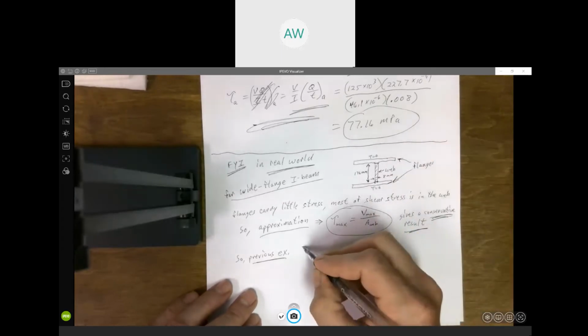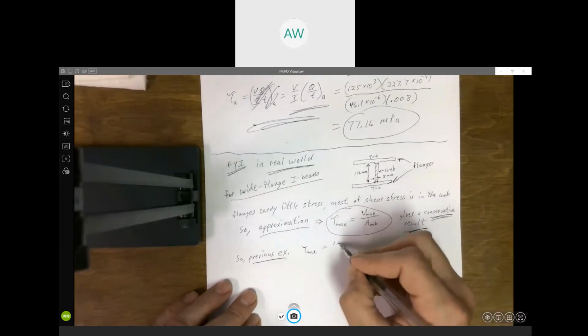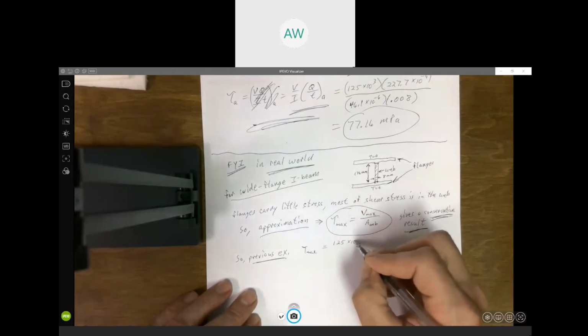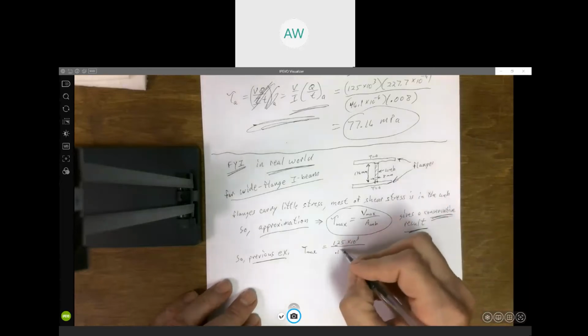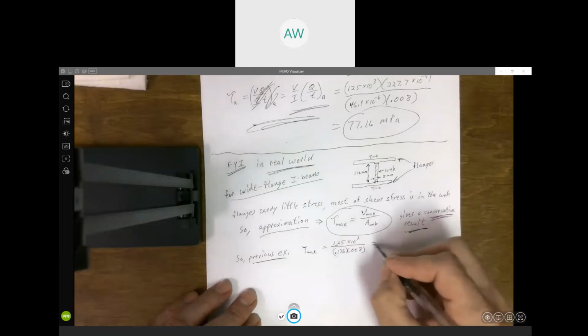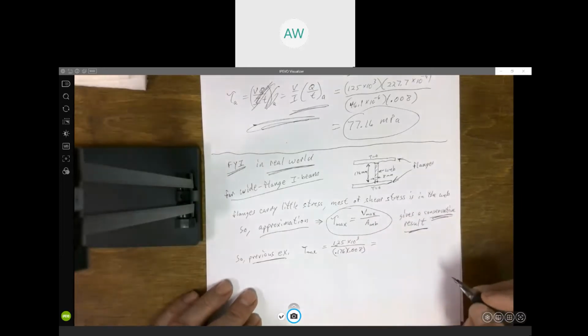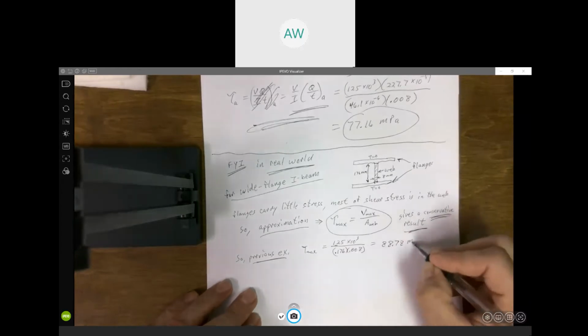So if you find tau max by taking 125 times 10 to the third, divided by the area of the web, 0.176 times 0.008, I got 88.78 megapascals.